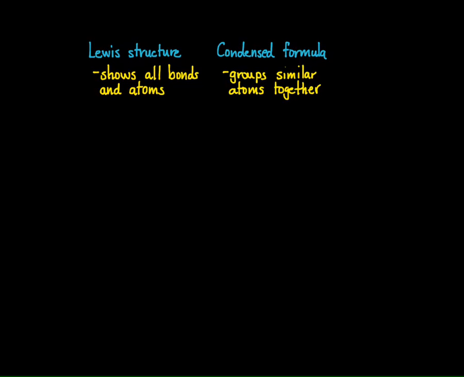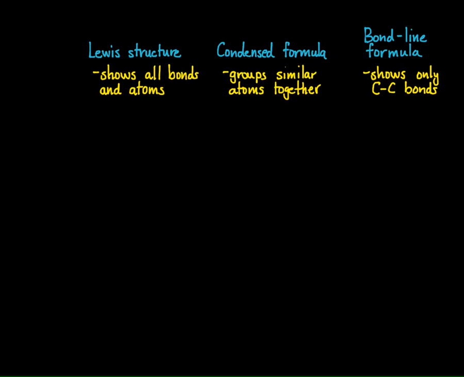So if there's, let's say, 3 hydrogens on a carbon, it's going to group it together as a CH3. The last structure that we're going to look at, and the most important structure, is called the bond line formula. Now, a bond line formula is a very abbreviated structure which shows only carbon-carbon bonds, right?